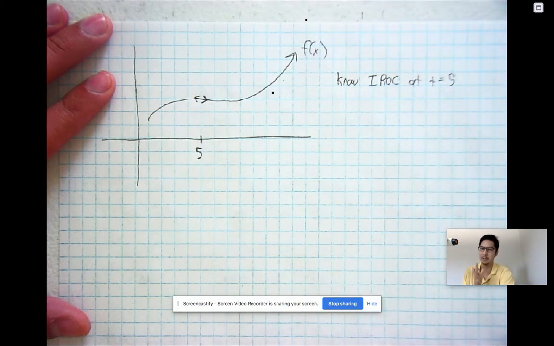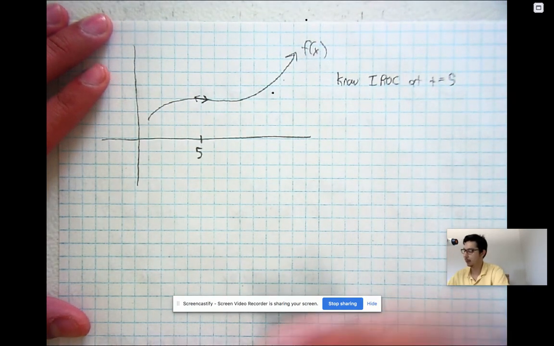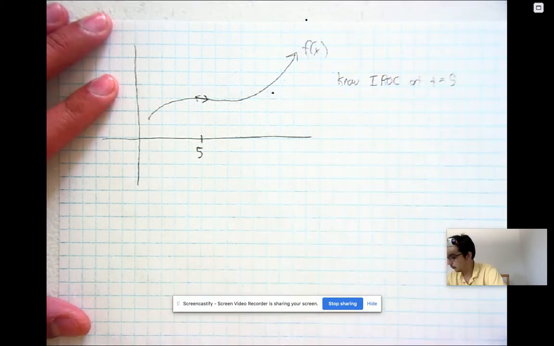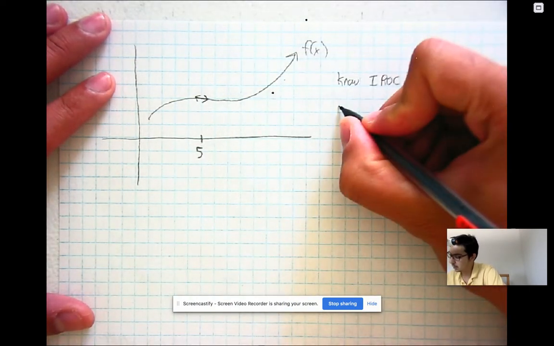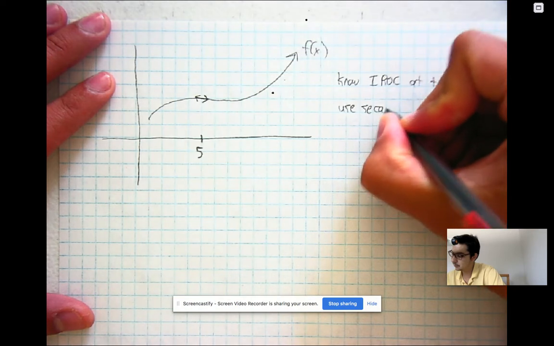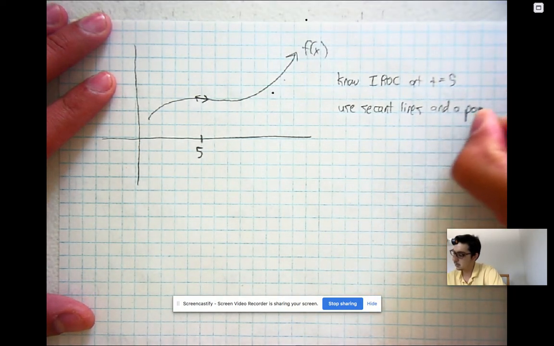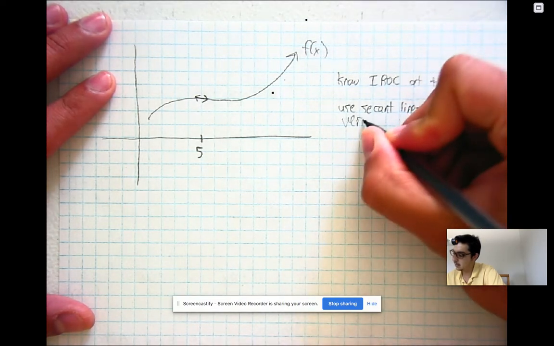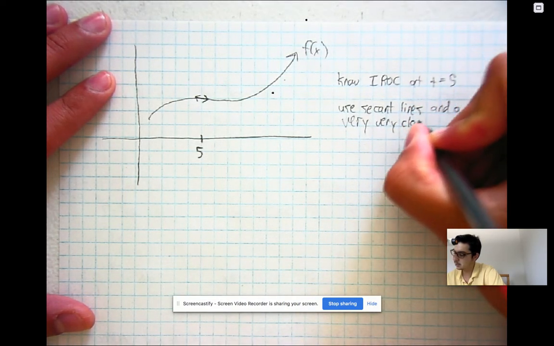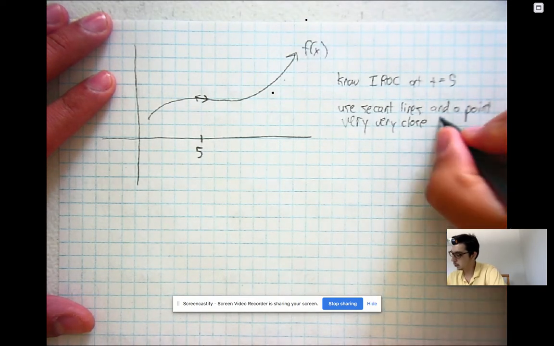We want to know what's the velocity at 5. All right. What we can do is we can use the secant line and a point very, very close to approximate.